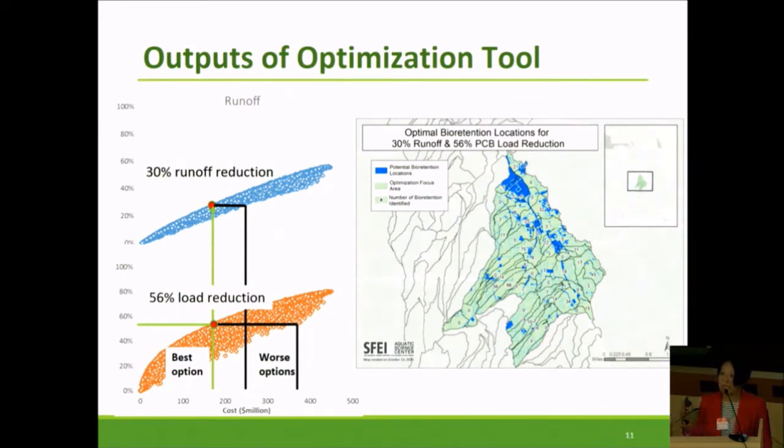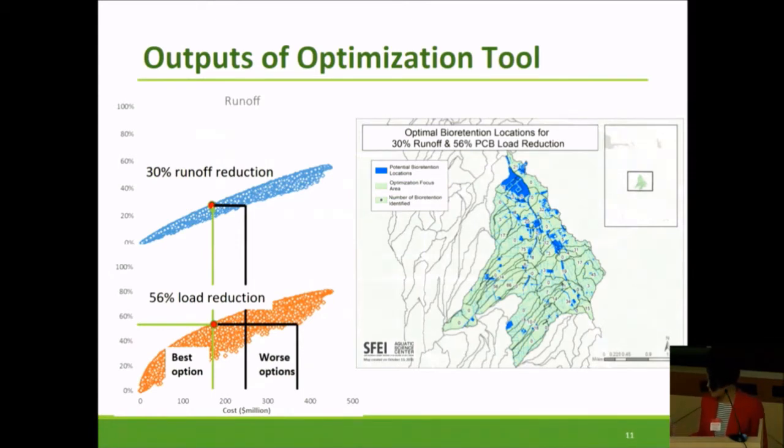This really highlights the benefit of a tool like that, to help you sort out the best option for you. Also, for each solution, you can visualize it on the map. This red dot represents how many green infrastructure installations at different locations can achieve the overall reduction. So there are different ways to look at each optimal solution.